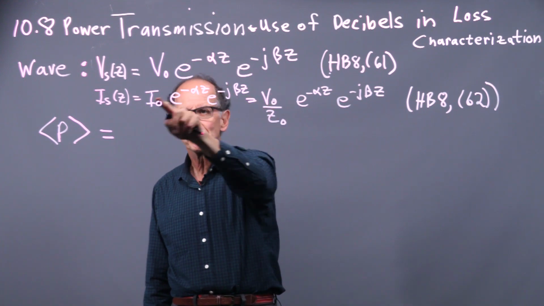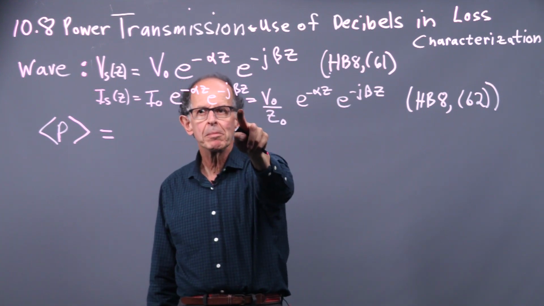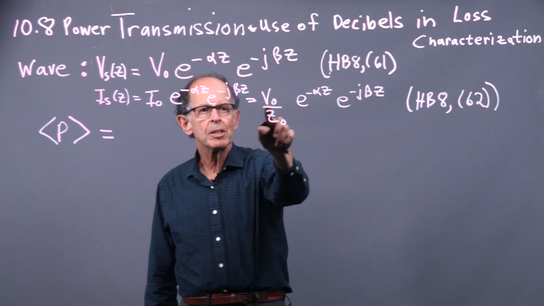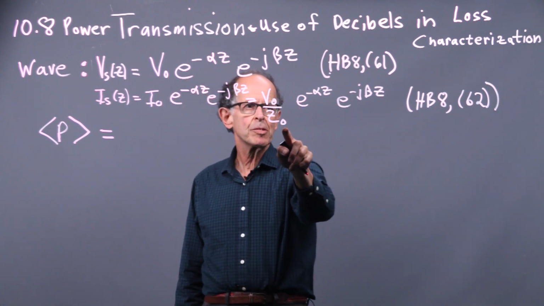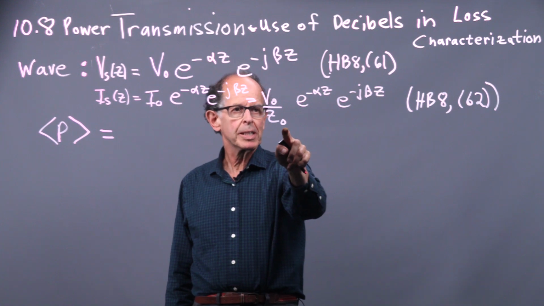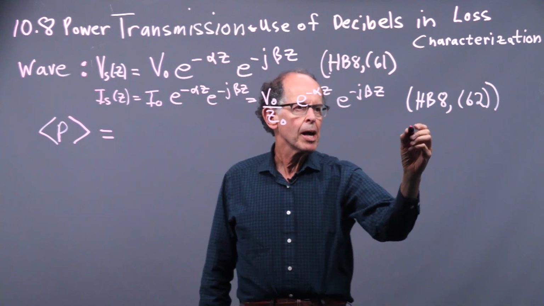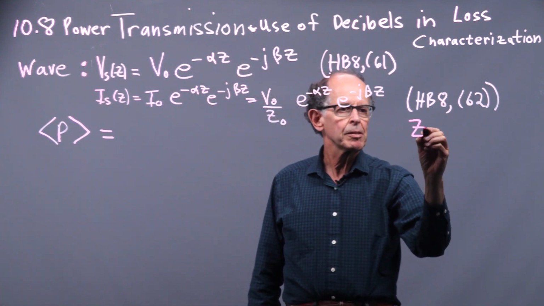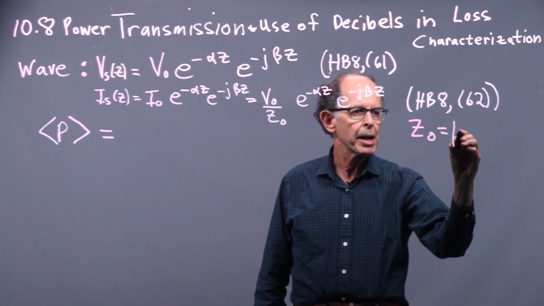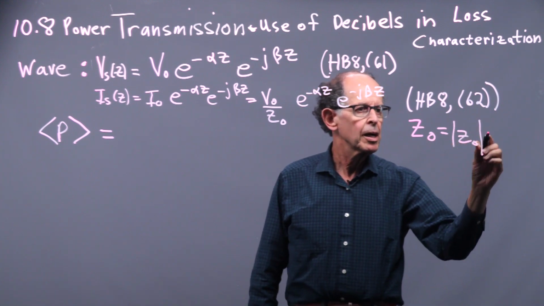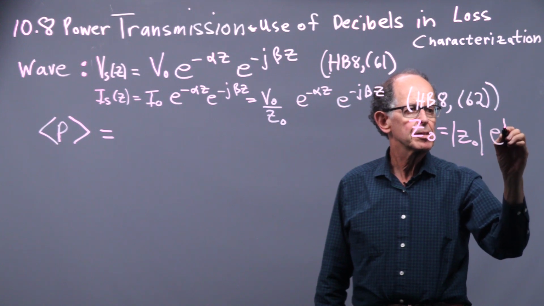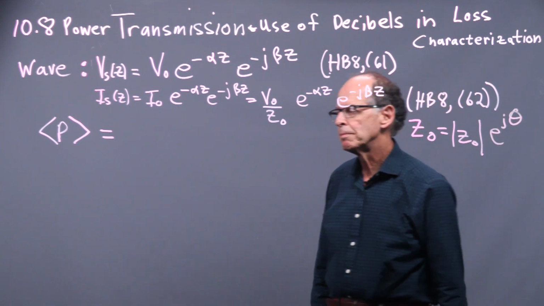We also know the current is of the same form, and the amplitude is V0 over Z0, where Z0 is the characteristic impedance, and in the text it's given by Z equal to the magnitude times a phase factor e to the j theta.